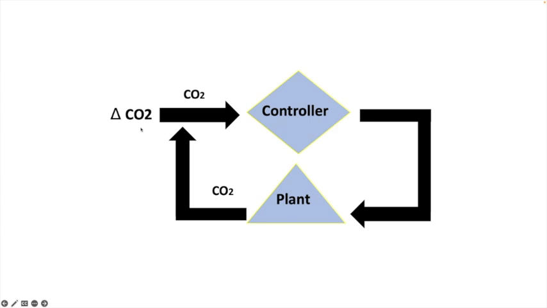This is a depiction of the loop gain model and its different components. The input is the change in the carbon dioxide level above or below steady state. The controller detects these changes, then signals to the plant to either increase or decrease the carbon dioxide level to return it back to steady state. Now, the respiratory equivalents for the controller are our chemoreceptors.